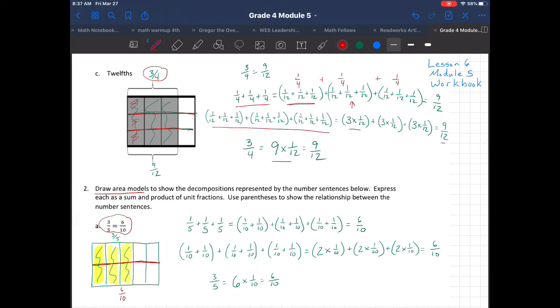And then the same process as before, the 3/5 get broken into addition problems, and the 6/10, those are all 6/10, and the reason we have the parentheses is to just show that each of the 2/10 is equal to a fifth. Then we wrote out all those tenths again, and wrote them as multiplication sentences, and then we wrote the simpler multiplication sentence at the end.